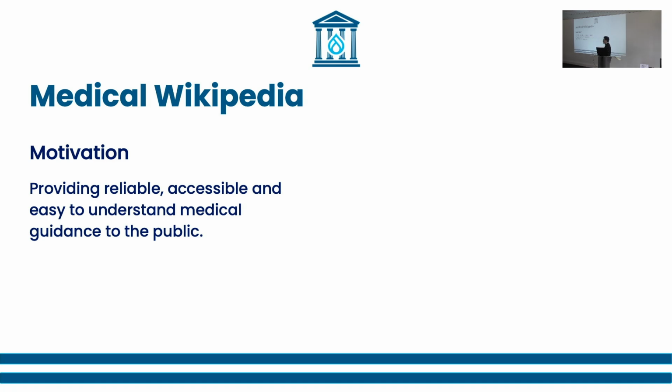The motivation of this site is to provide reliable, accessible, and, the most important part, easy to understand medical guidance for the public, because most illnesses or medical cases have difficult vocabulary. That is the value this website gives: easy access for the users to follow along.